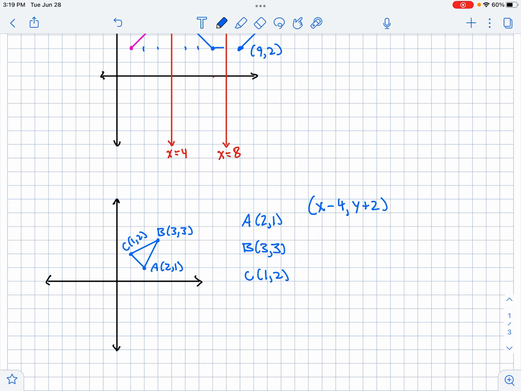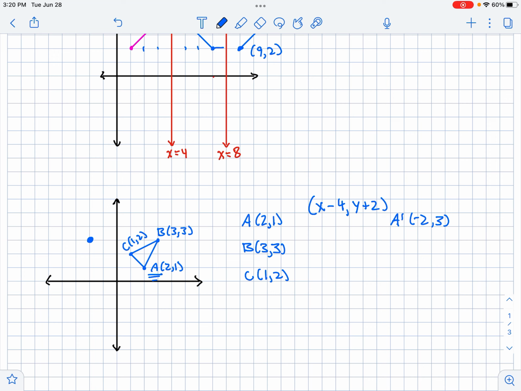Okay, so let's do that. Now let's see what happens to A prime. We're going to subtract 4, so this is going to be negative 2, and we're going to add 2 to the y, so this is going to be 3. So we get the point negative 2, 3, right there. This is A prime.